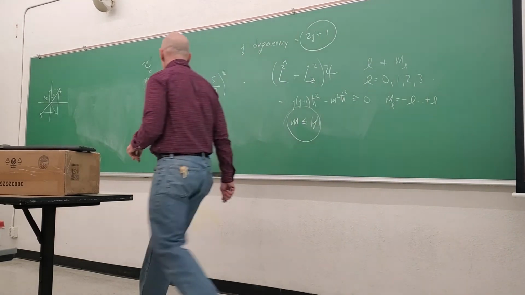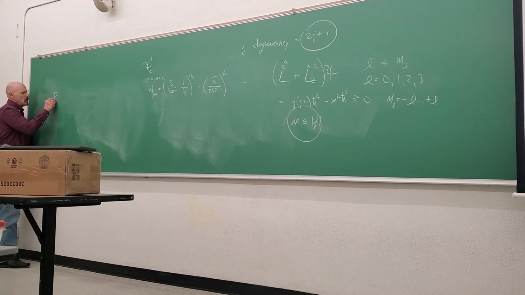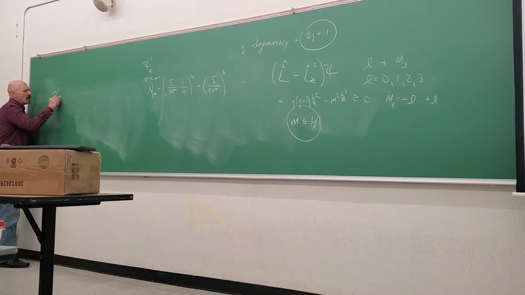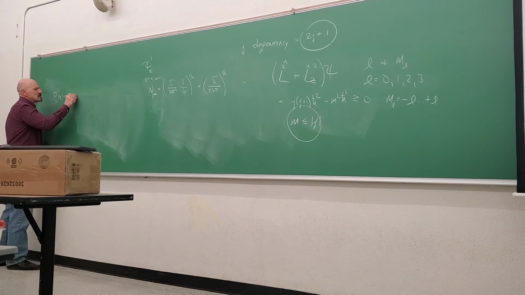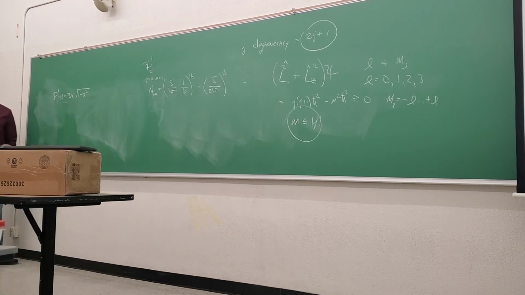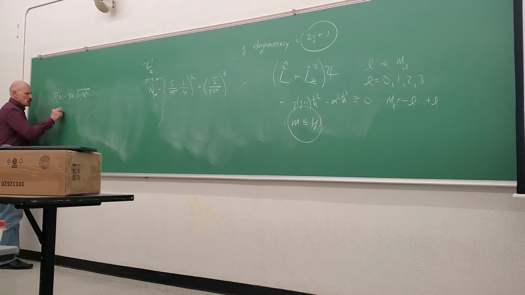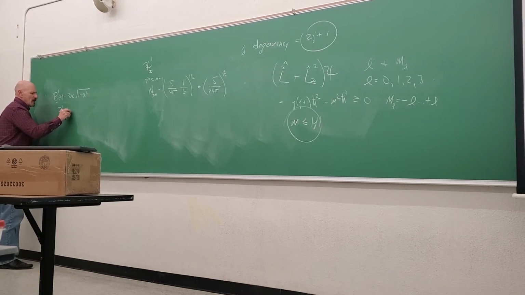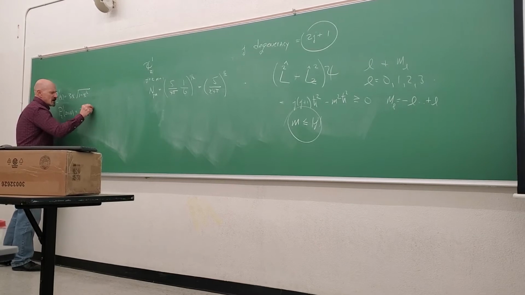So I look at this and I say, okay, P21 of x is 3x times the square root of 1 minus x squared. Now again, that's the polynomial. For us, x is cosine theta. So P21 of cosine theta is 3 cosine theta.